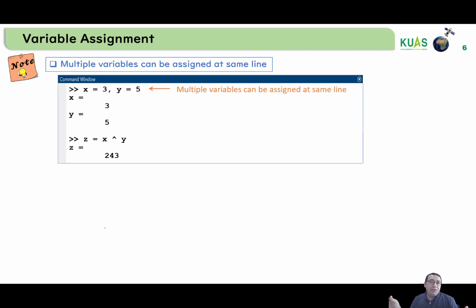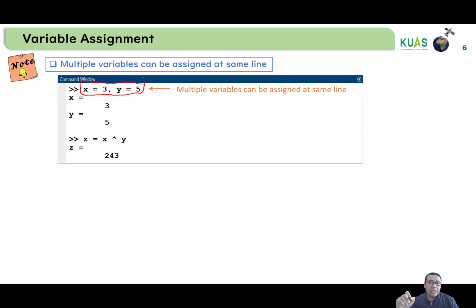Sometimes we have many variables and we need to save lines in the code, so we can define multiple variables at the same line. For example, please check here. We say x equals 3 and y equals 5. So at the same time, we define two variables and we use between them a comma.